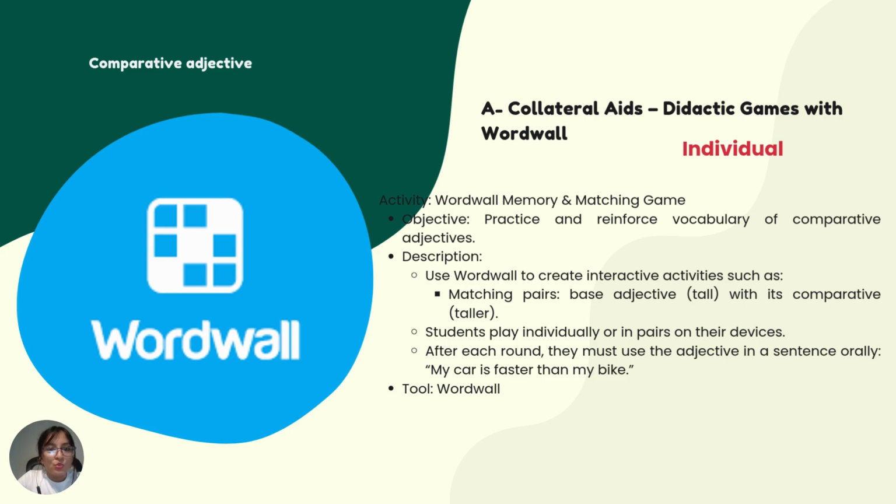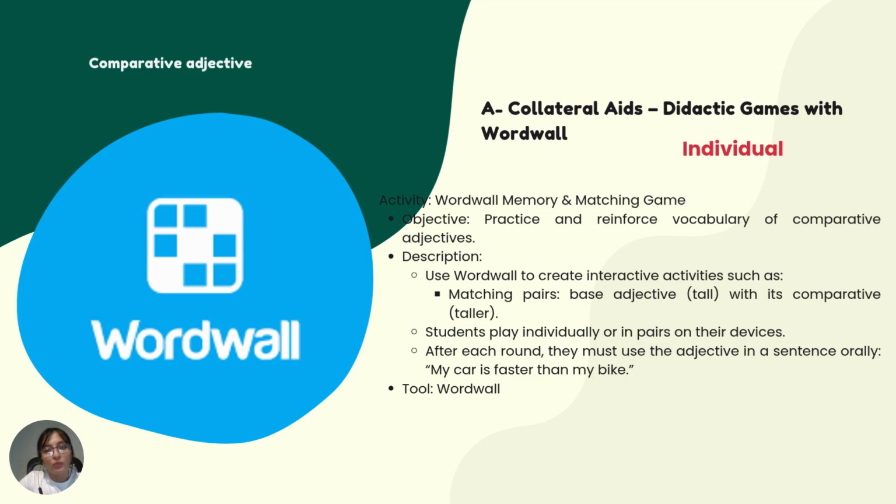Description, use Wordwall to create interactive activities such as matching. When the students get the pictures, they are going to create sentences orally. For example, my car is faster than my bike. They found the adjective fast, so they are going to create a sentence with faster. My car is faster than my bike.